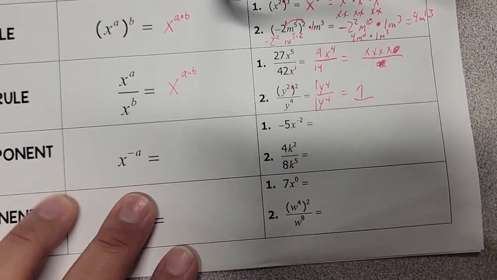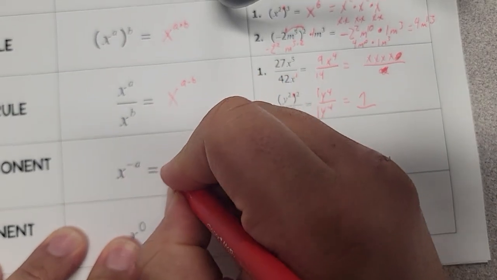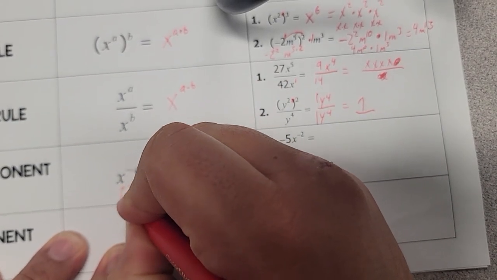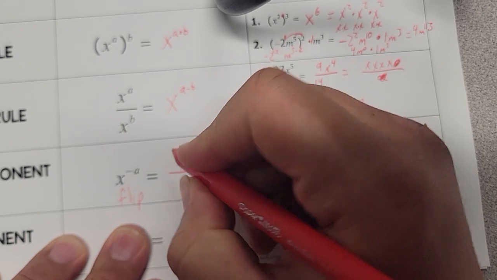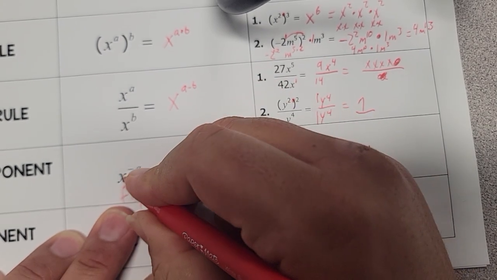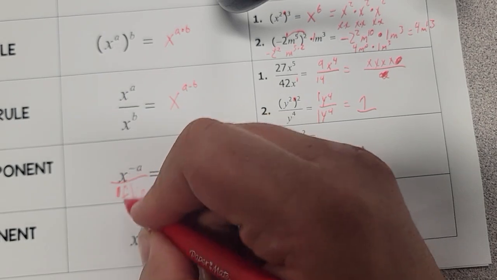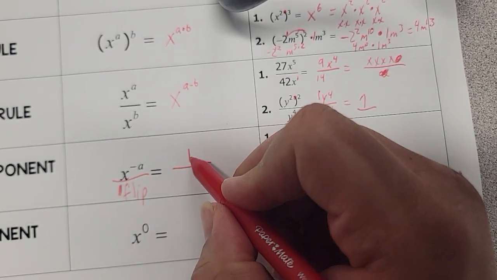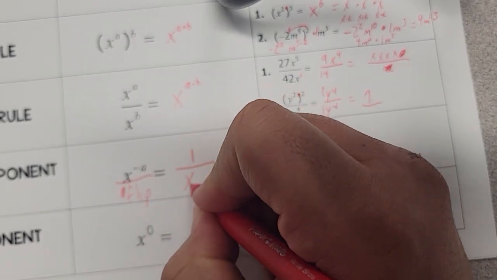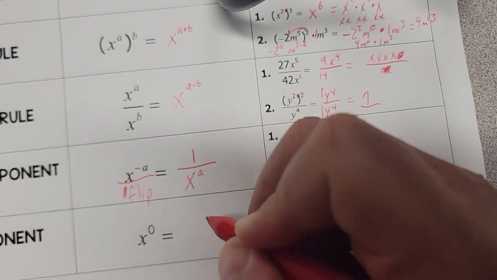Now the negative exponent rule is probably the hardest one. So whenever you see a negative exponent, there has to be some type of, let's call it a flip. So you would put it like this, in fraction form, and then it's going to flip to the bottom, and then it turns positive, like that.